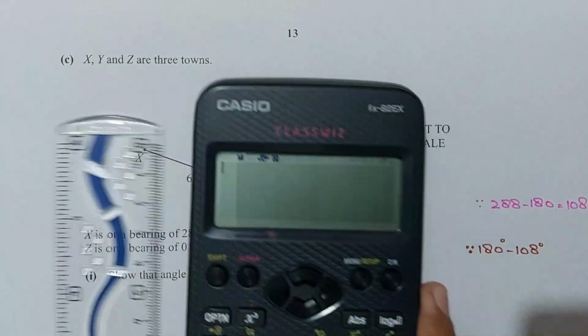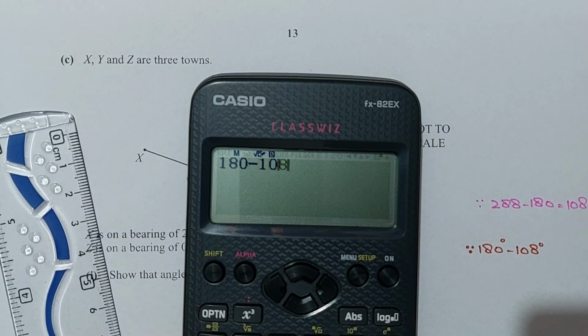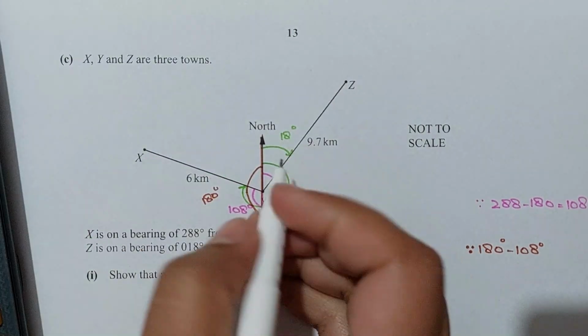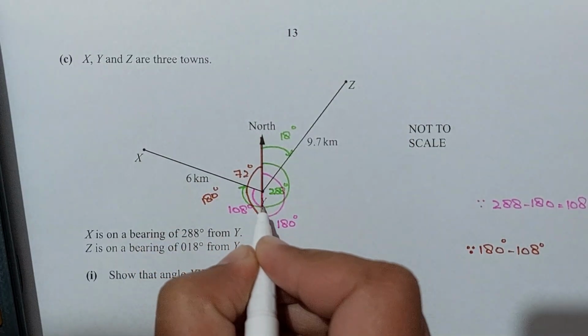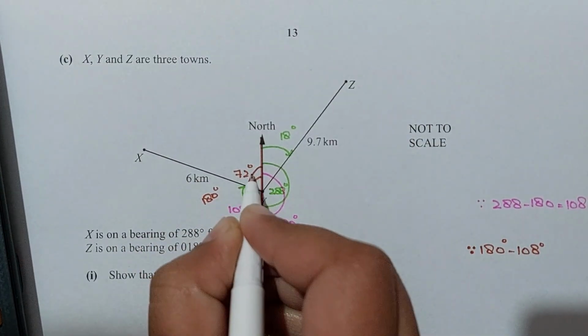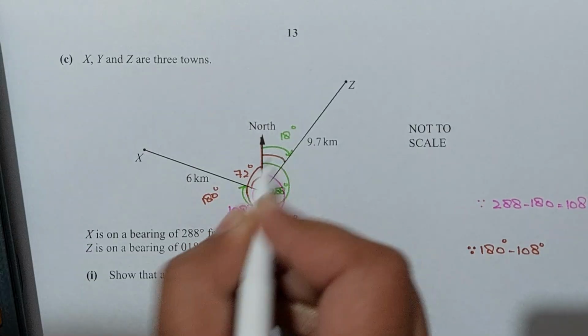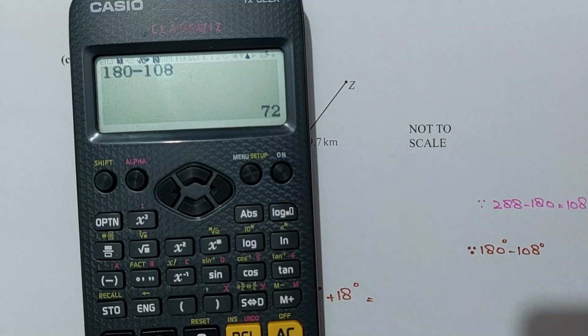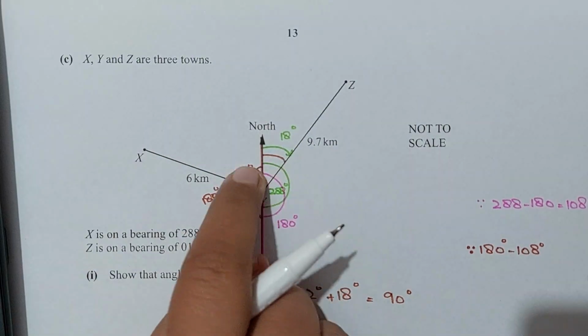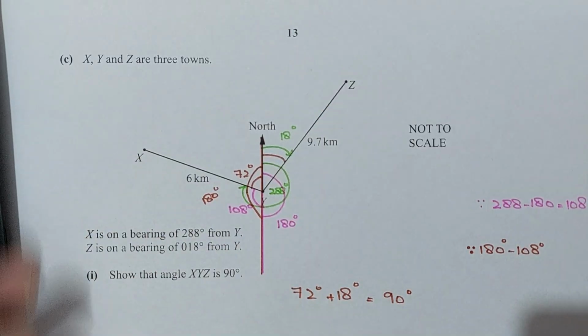Okay, 180 minus 108, this is 72 degrees. So this angle is 72. In 72, this angle is 18, adding 18. So 72 plus 18, what is this? Plus 18, this is 90 degrees. So it is proved this is a right angle between X, Y, and Z.